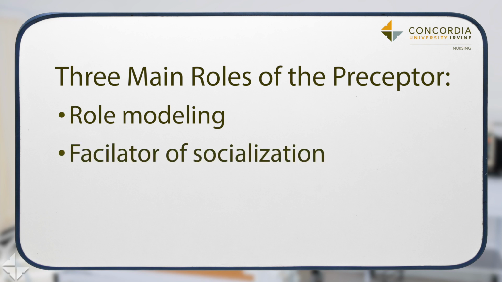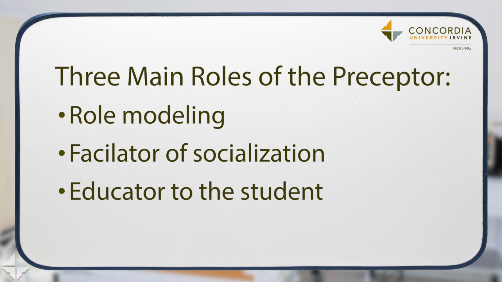Facilitator of the socialization or integration of the student with the unit's culture and develop social interaction with other healthcare members. The third primary role is as an educator to the student. The preceptor's responsibility for teaching and promoting critical thinking, problem solving, and providing constructive feedback and encouragement.